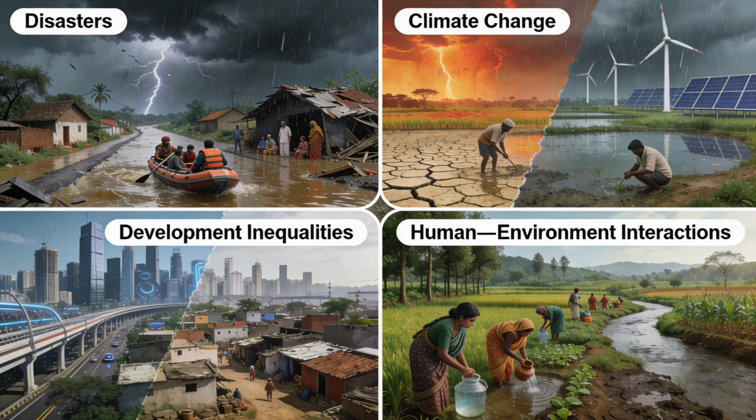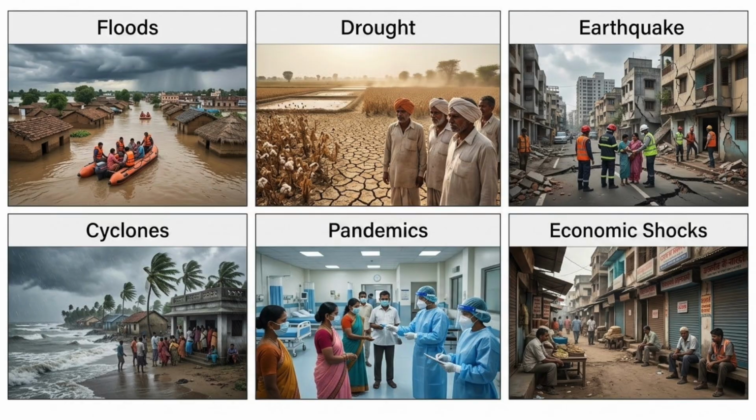The notion of vulnerability is one of the key ideas in the study of disaster, climate change, development inequalities, and human-environment interactions. It describes how some individuals, locations or structures are more affected by hazards like flood, drought, earthquake, cyclone, pandemics, or economic shocks in comparison to the rest.